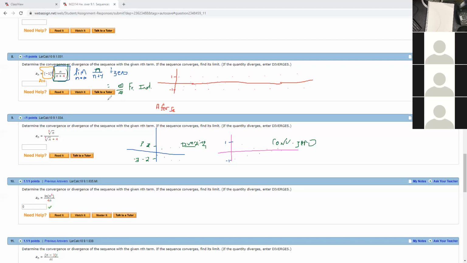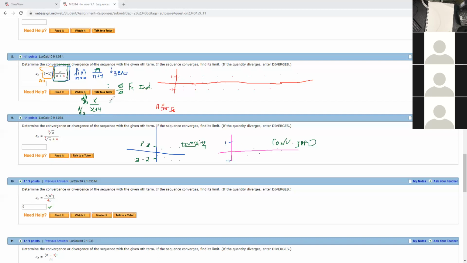L'Hopital's. And when you use L'Hopital's, technically you're supposed to change the n's to x's. If you don't, it's not going to change the answer, but just want to point that out. And we could write derivative here with respect to x and derivative with respect to x.